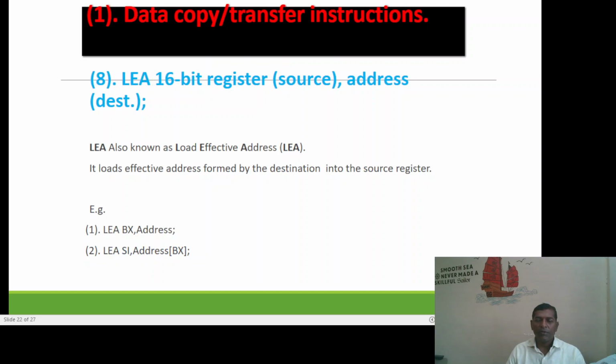So we will understand how LEA works. Known as load effective address, LEA loads the effective address formed by the source into the destination register. So this address will be copied, or loaded, into BX, whereas the address of BX will be copied into SI.